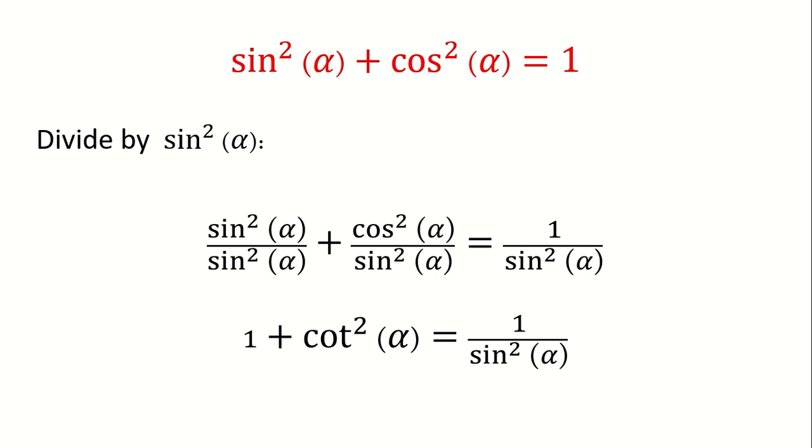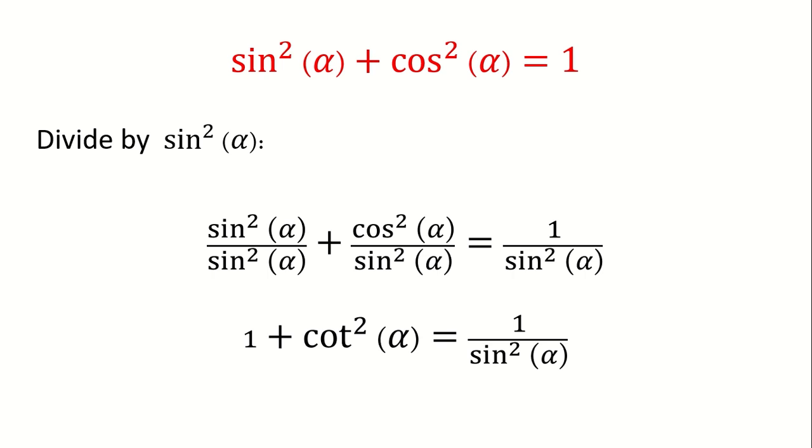Cosine squared alpha divided by sine squared alpha is equal to cotangent squared alpha, because cosine of alpha divided by sine of alpha is cotangent of alpha. On the right side, we have 1 over sine squared alpha, and we leave it as it is.